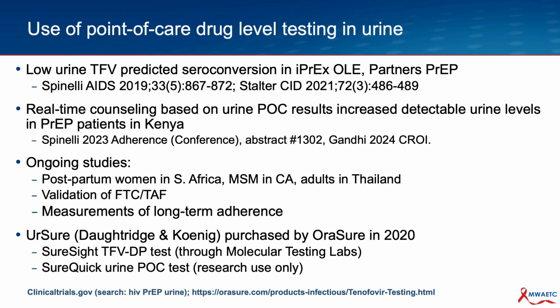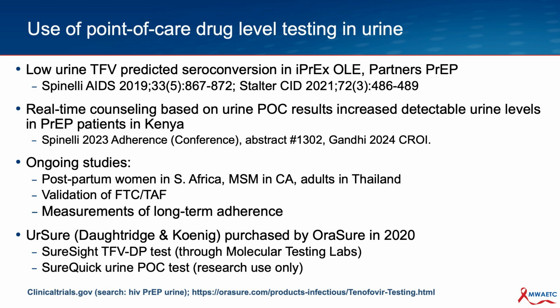And this has moved forward in a lot of different research over the last few years. I've only named a few of these studies, but in the iPrEx OLE data and the Partners PrEP data done by Jared Baeten, having a low urine tenofovir level predicted future seroconversion in their open label extension studies.